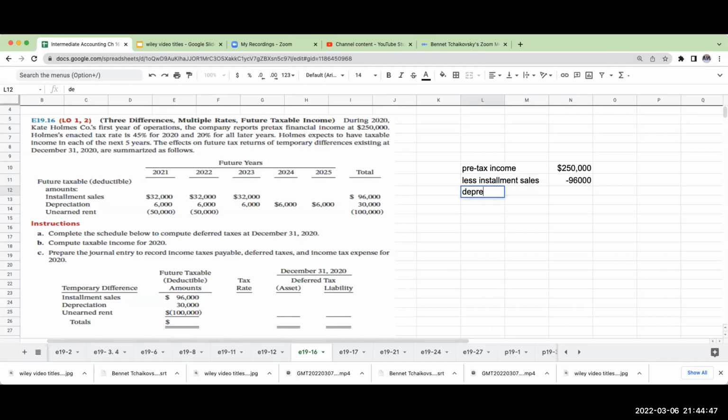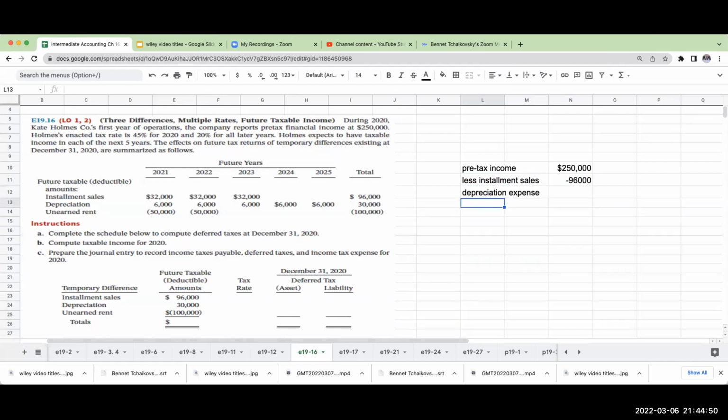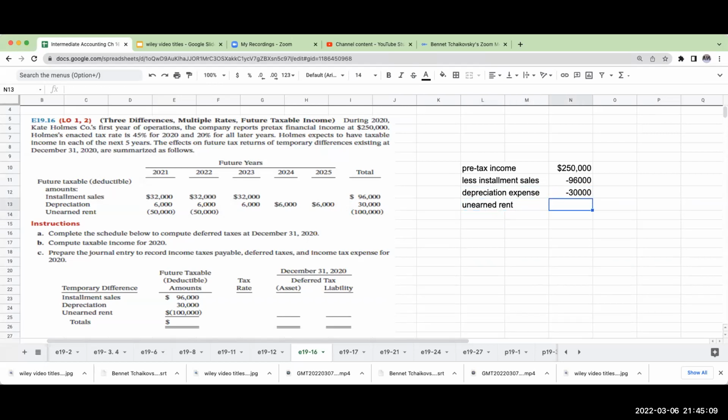Over here, I have depreciation expense. This is going to be $30,000. I'm taking the deduction now, and it's going to be taxable in future periods. Unearned rent: I recorded it as a deposit, but the tax return says include it, so this is going to be an add back. These are all temporary differences.